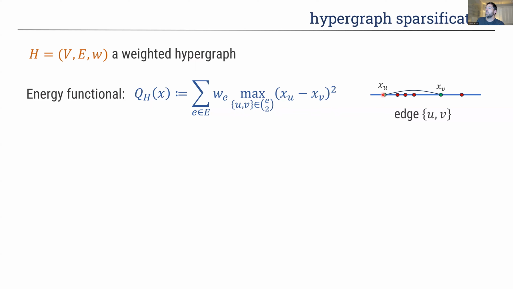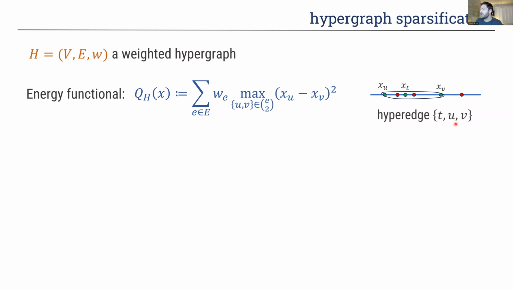Then for every edge uv, you get a quantity xu minus xv squared, which you could think of as proportional to the potential energy of a spring whose endpoints are fixed at xu and xv.